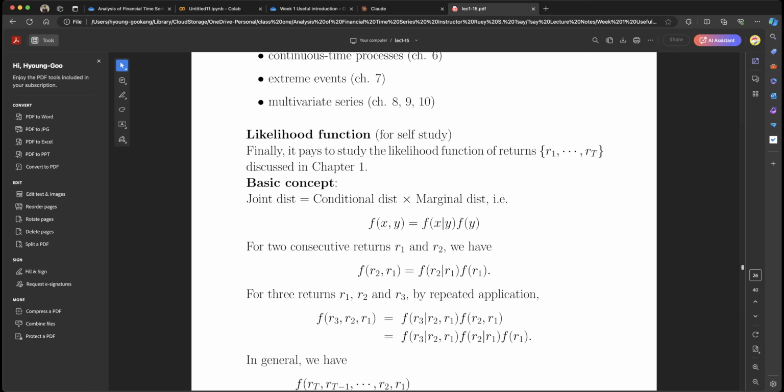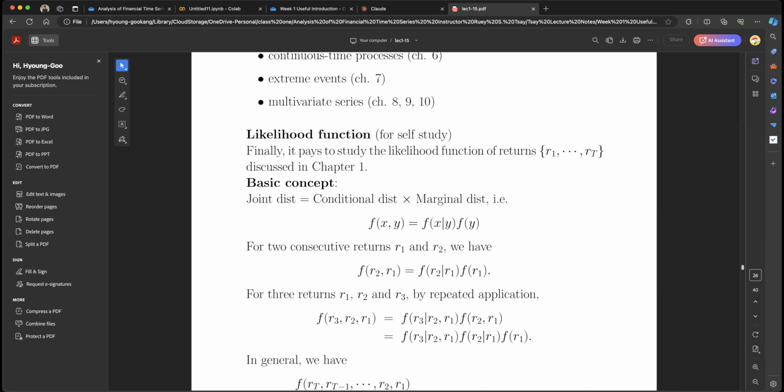Okay, the definition of a joint distribution is conditional distribution times marginal distribution, something like this one. For two consecutive returns R1 and R2, the joint density of R1 and R2 occurring is, of course, density. Okay. Conditional distribution: R1 occurring, and given that R1 occurs, then R2 occurs, right?